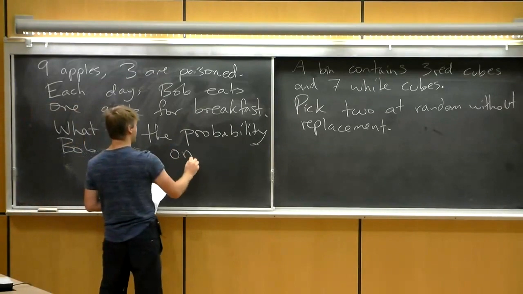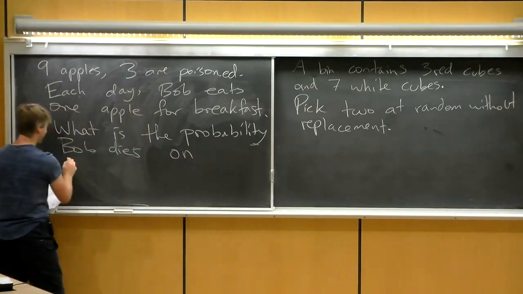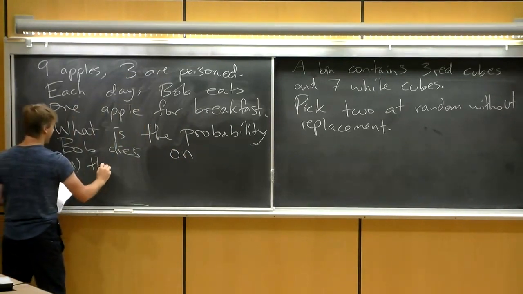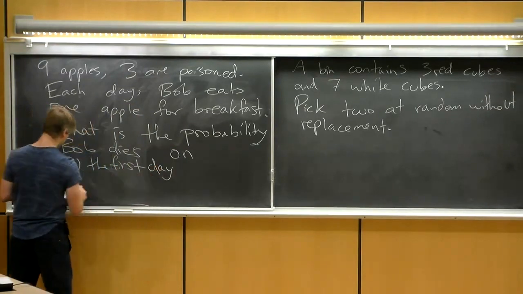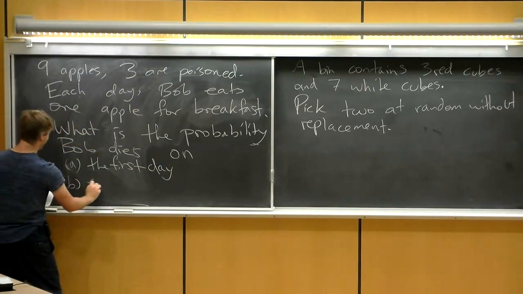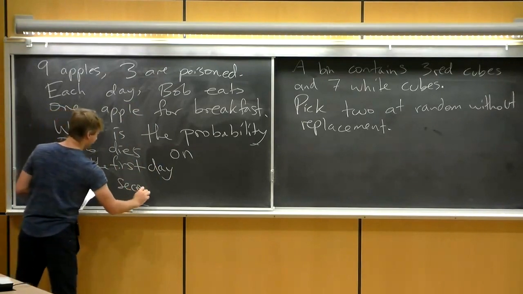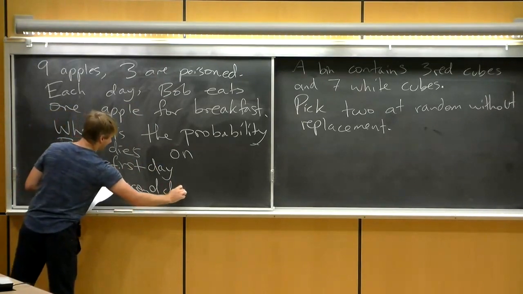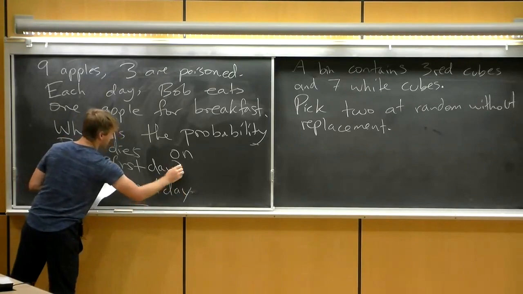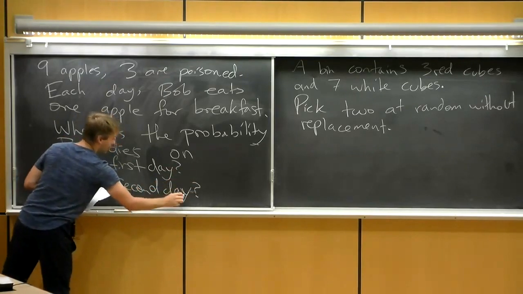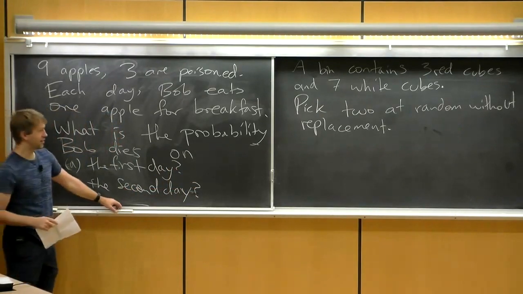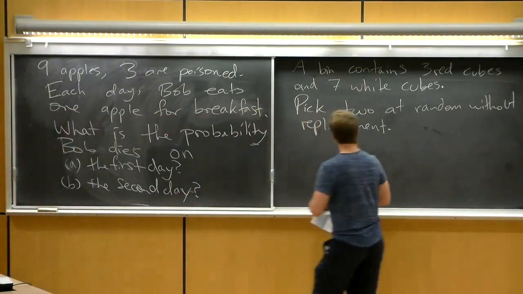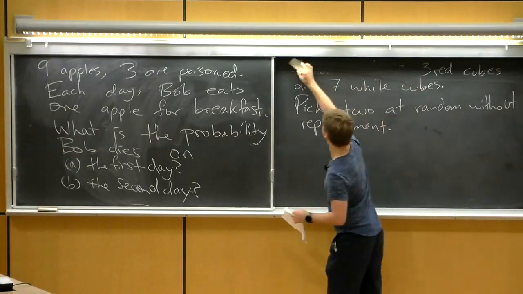Let's say, what's the probability he dies on the first day, part B, the second day, and then maybe I'll add a part C later. Is it clear what we're asking here?